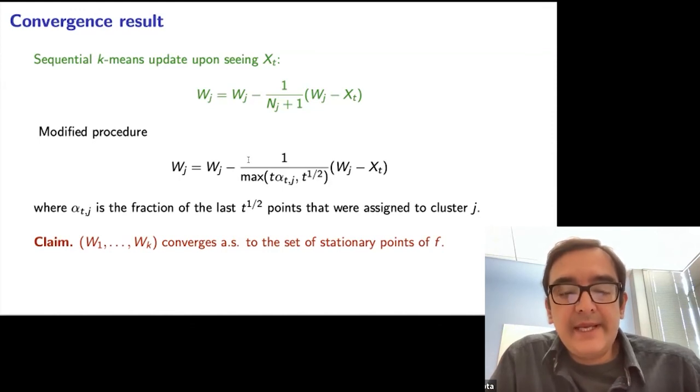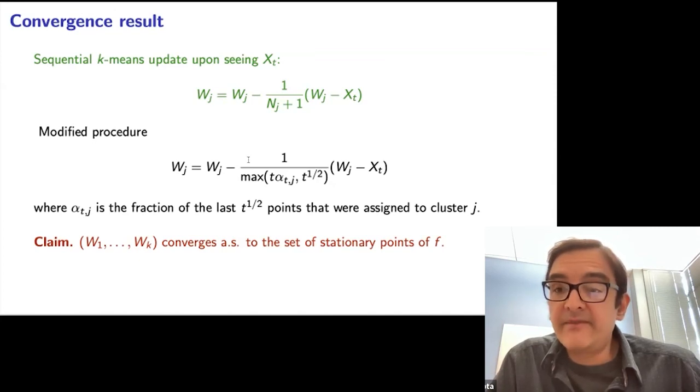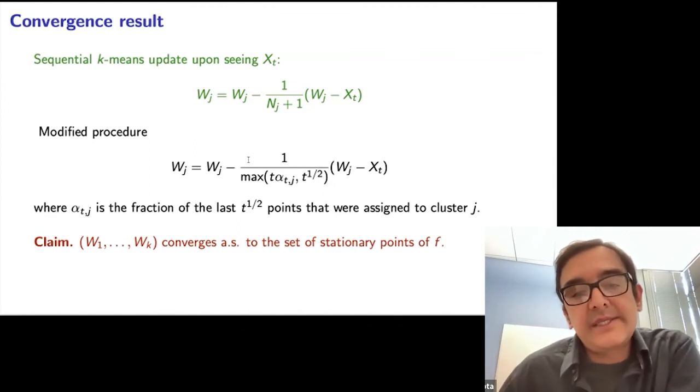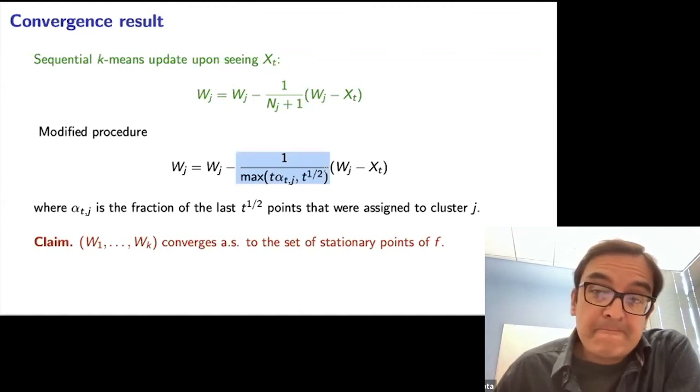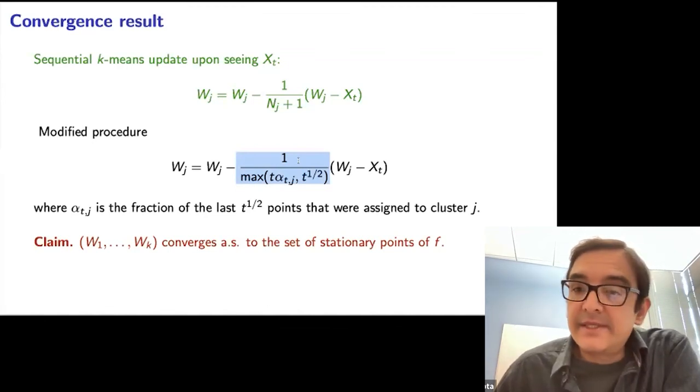It's a little bit of a departure from a traditional stochastic gradient descent analysis, basically because each center has its own learning rate, which is this value that I've highlighted over here.